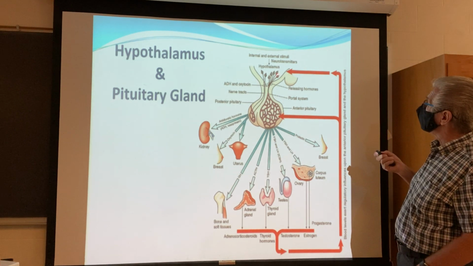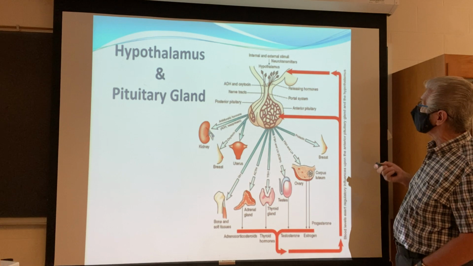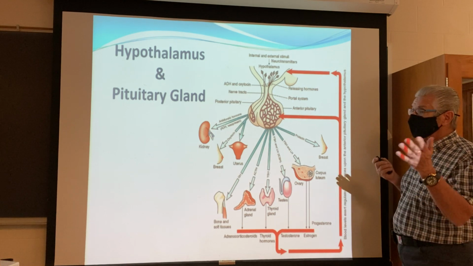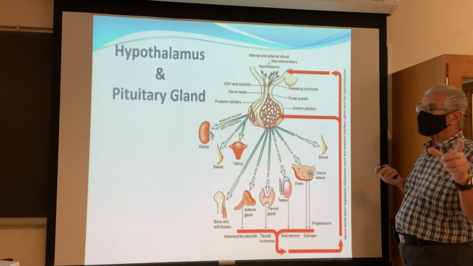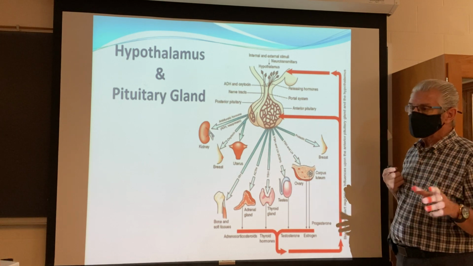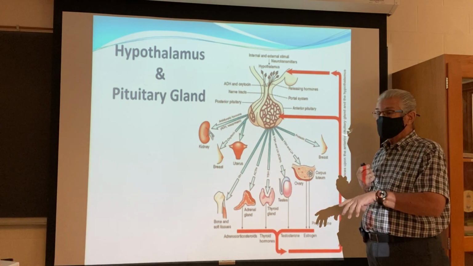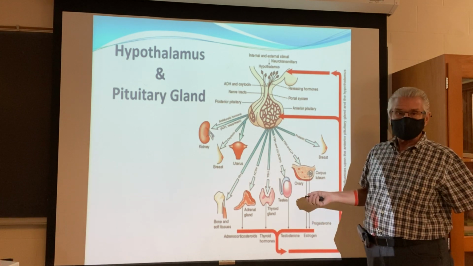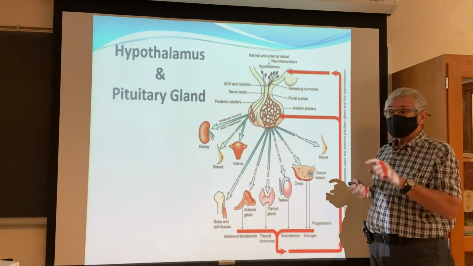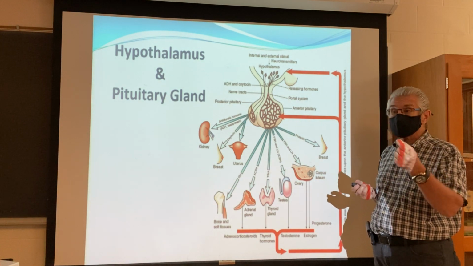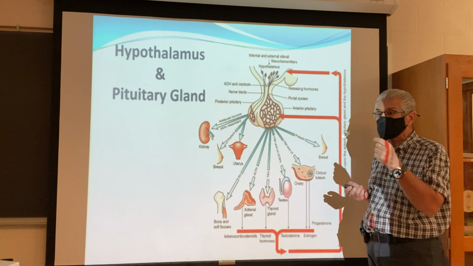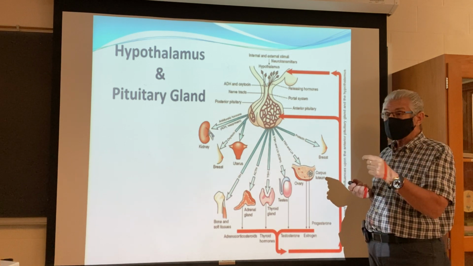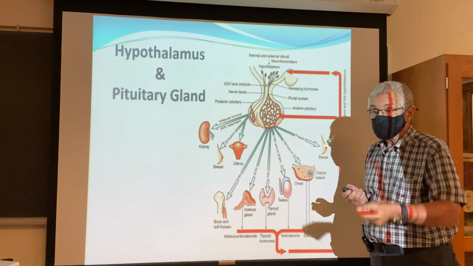Okay? Now we look at the anterior pituitary. We also see on our outline a term called tropic hormones. What's a tropic? It's spelled like tropic. Okay? We're in the tropics. But in this case, what does the term refer to? It refers to stimulating something in a different area.